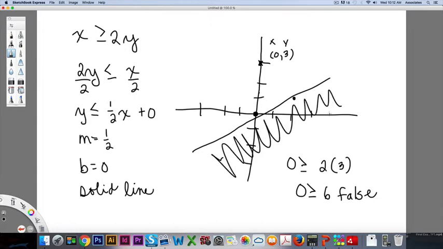But remember that this was a real world problem where X and Y were demolitions and foundations. So what happens is I have to be only in quadrant 1. So my true answer is right here, because I can't have negatives.